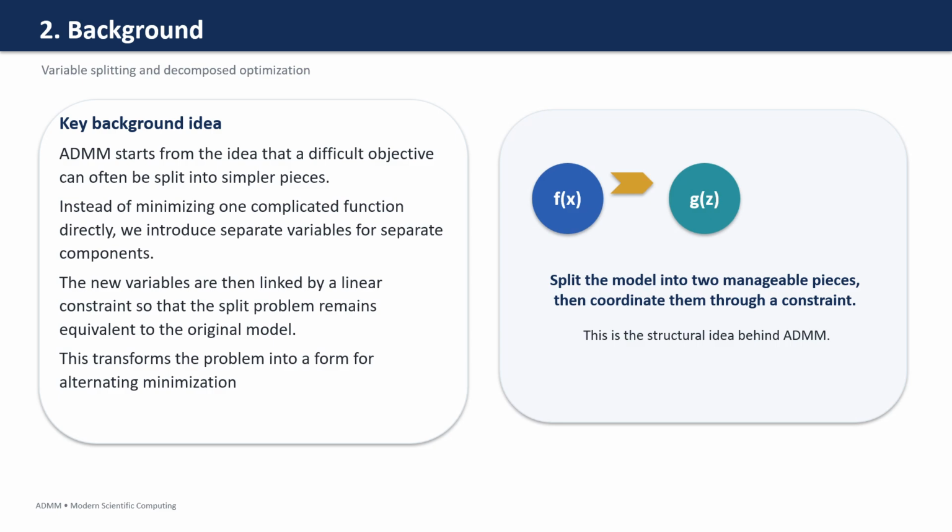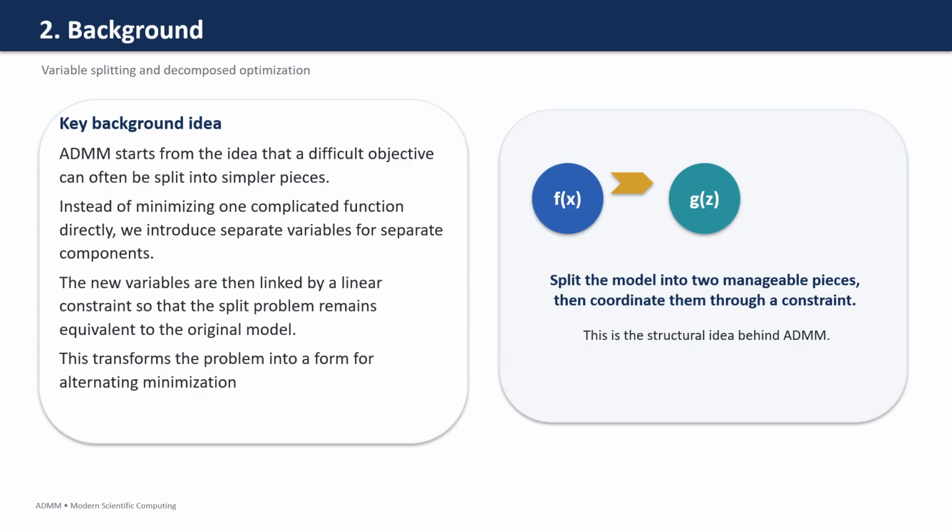So the main background or core concept of ADMM is variable splitting. Suppose that we have an optimization problem where the objective function has two different components. One part may be smooth and differentiable, such as a least squares data fitting term, and another part may be non-smooth, such as an L1 regularization term that promotes sparsity.